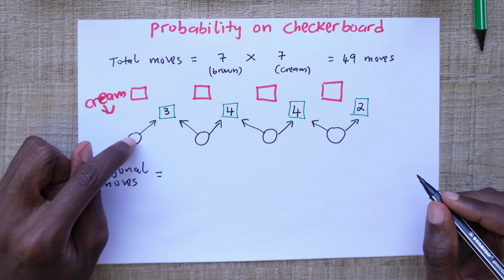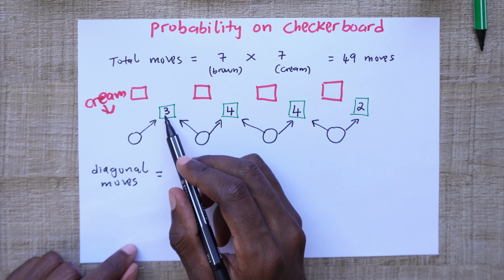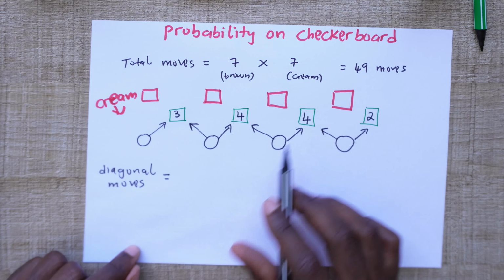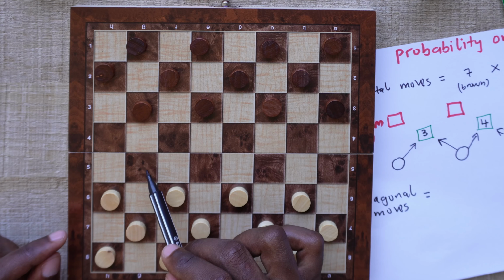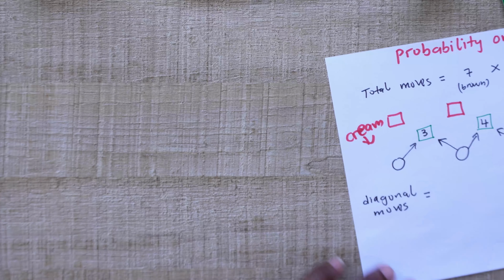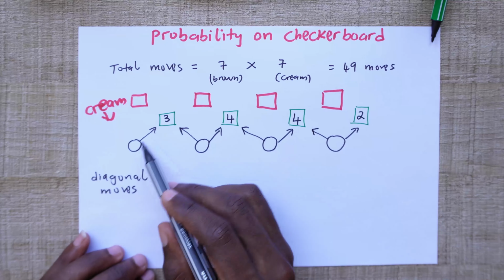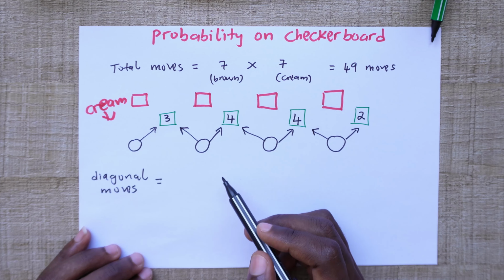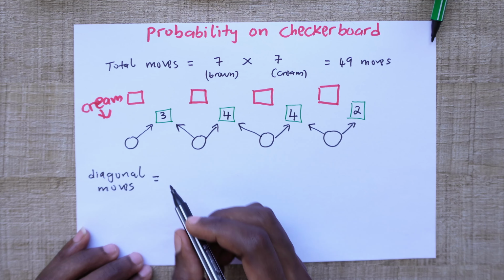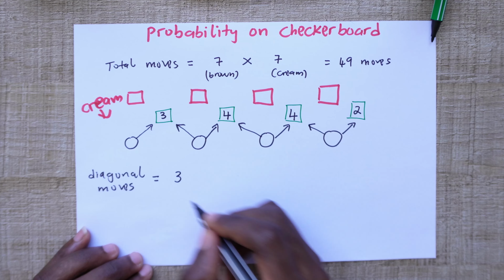This first piece only has 1 possibility. It can only be played at this location. If I take this piece, it can only be moved here. That's the only possibility. And if it's moved here, then there will be 3 ways that the brown could play for us to have a diagonal, which means for the first move, we have 3.